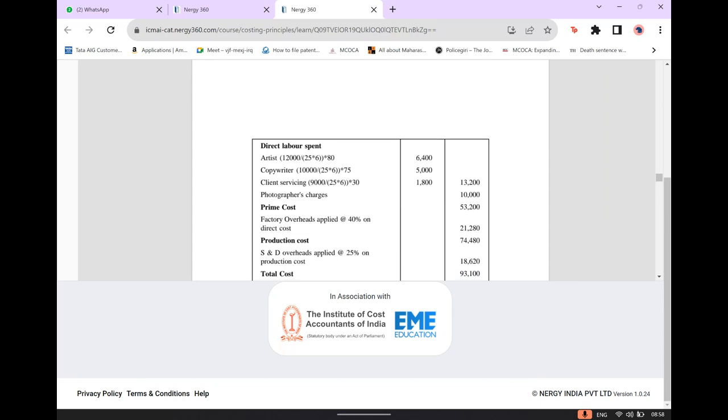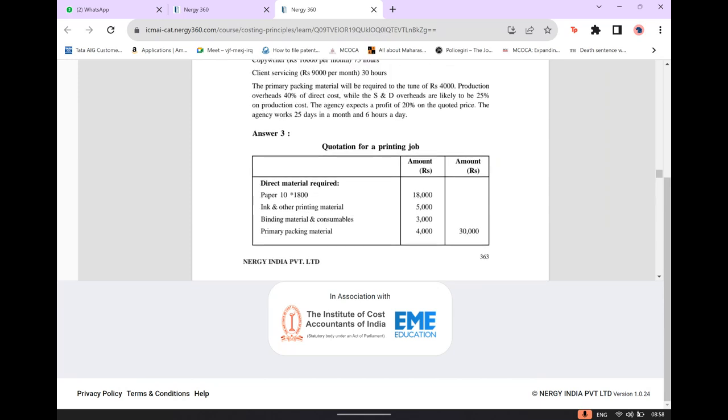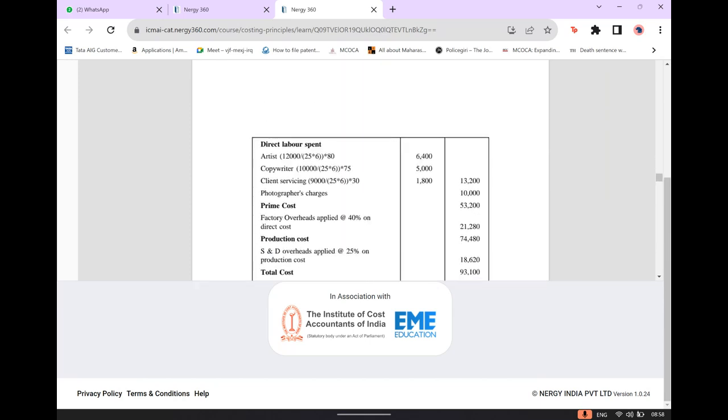It will be 53,200. Then factory overheads, they are saying it is 40% on direct cost. So 40% on direct cost means prime cost only. So 40% on the prime cost will give me 21,280.